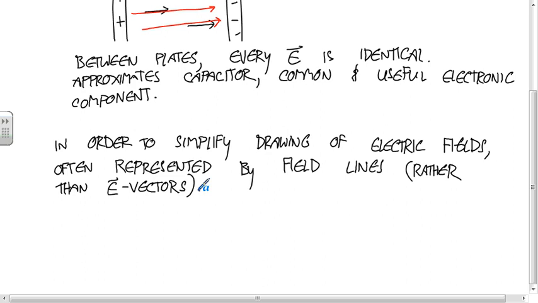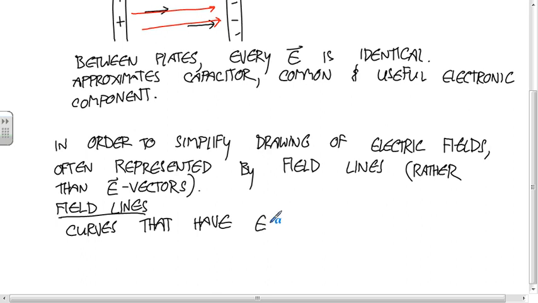And the definition of field lines: they're not really lines, they're curves. And they're curves that have the electric field vector tangent to them at each point.